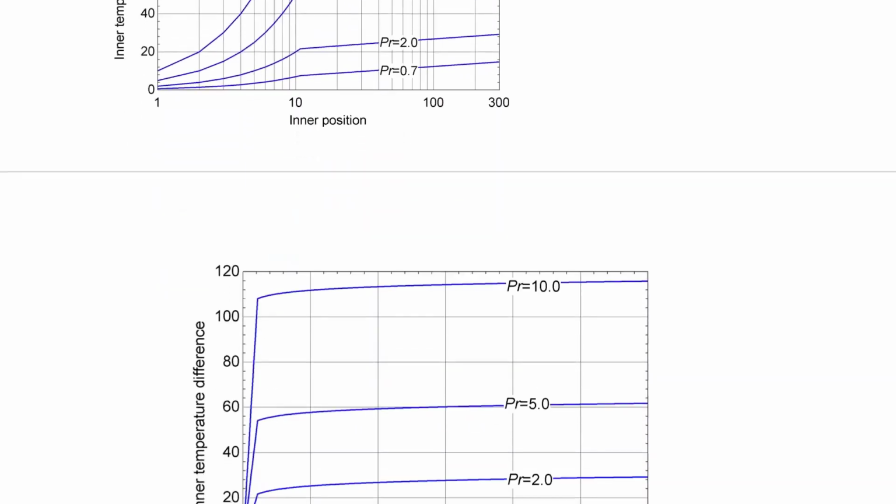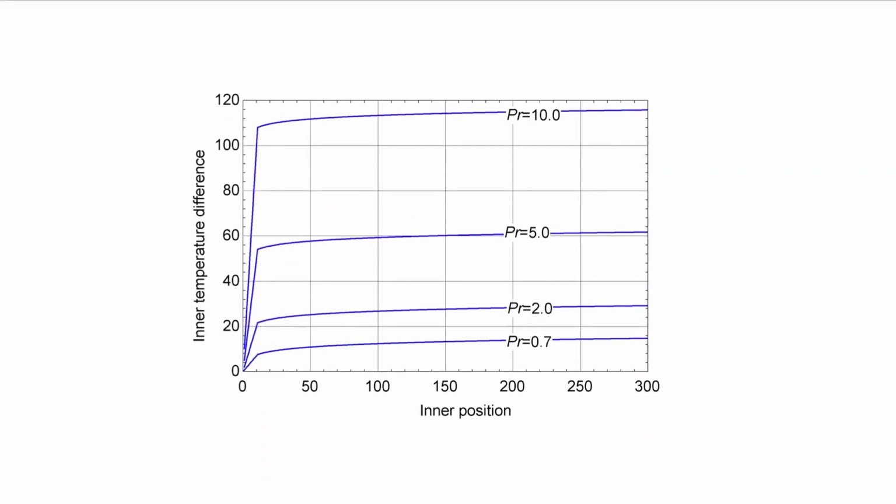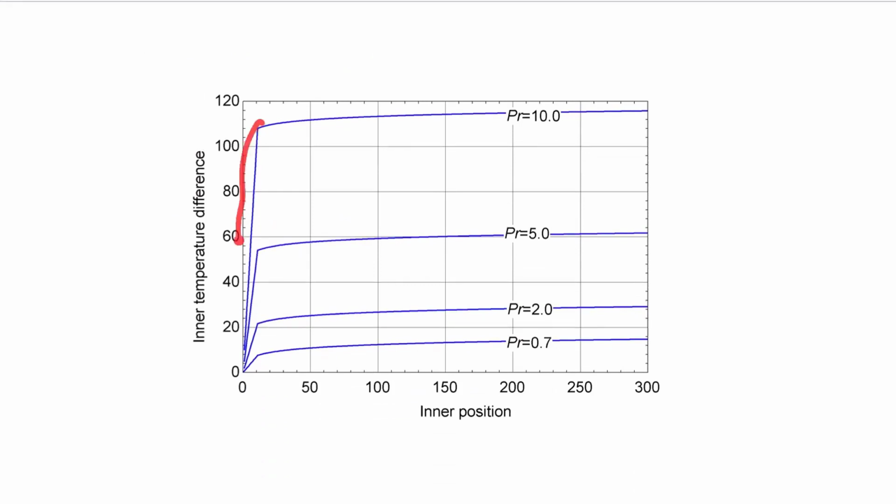If you plot this in normal coordinates, you see that right next to the wall there's a really big dependence on the Prandtl number, where the molecular properties are driving what's happening. You get out, and then the temperature profile is really insensitive to position. This reinforces what we've been assuming about the temperature profile.